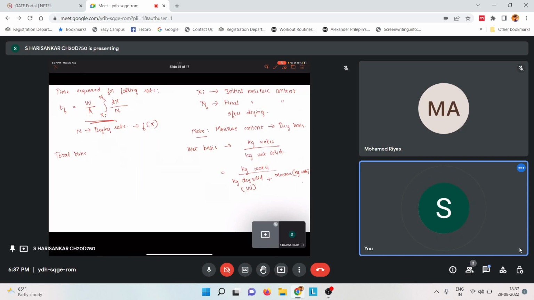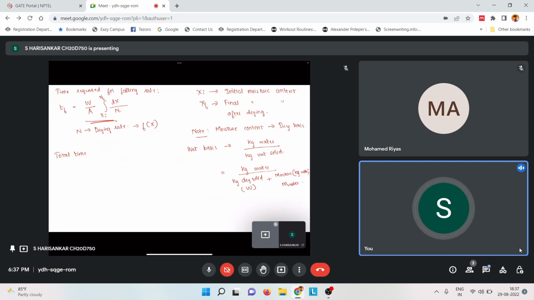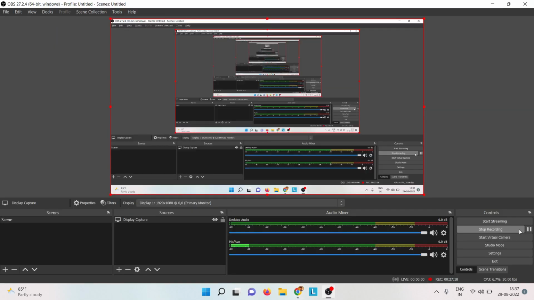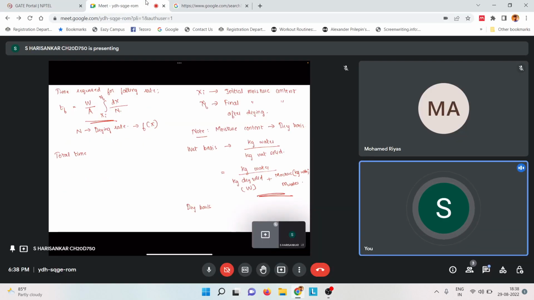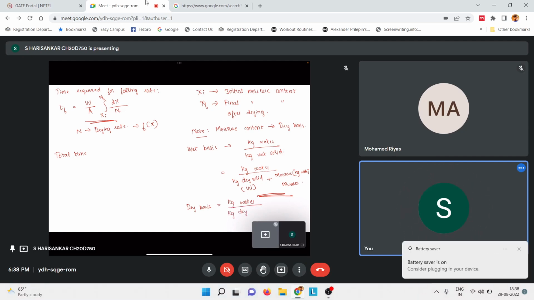So this will be M water. Okay, so this is a wet basis. In a dry basis, the moisture content is calculated without considering the initial water content. So this will be kg water by kg dry solid.